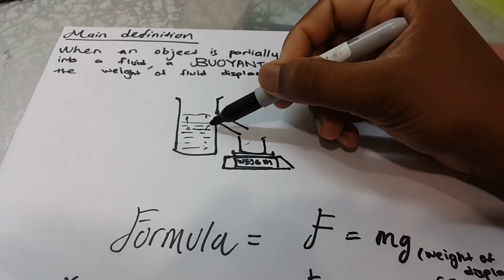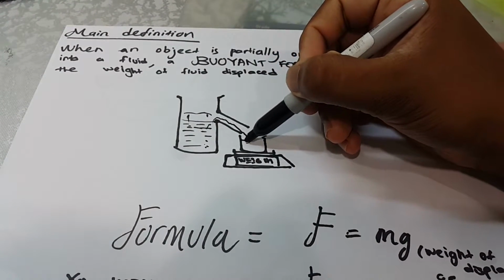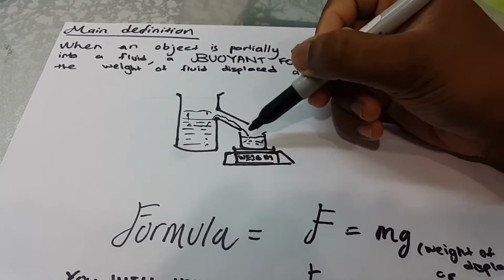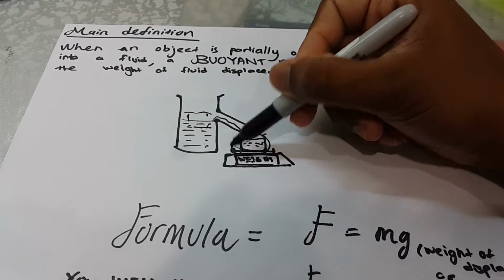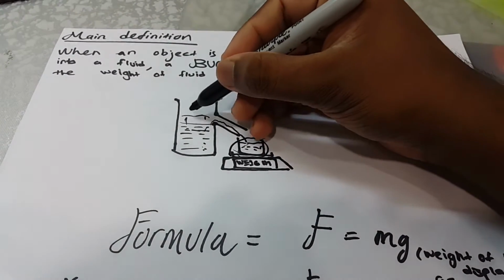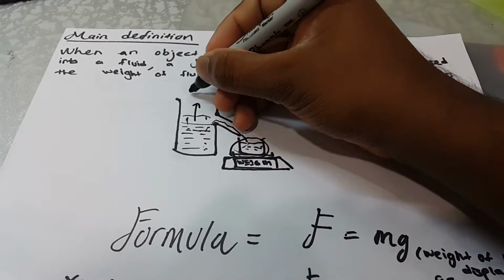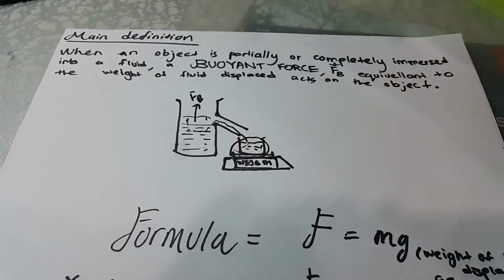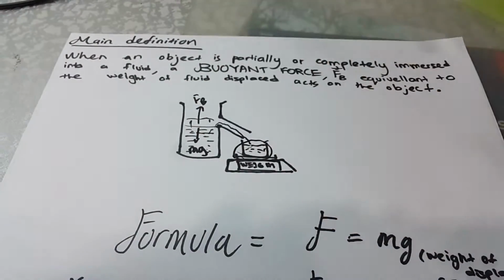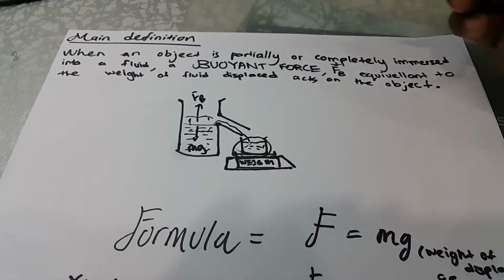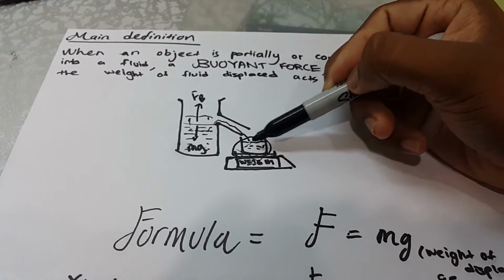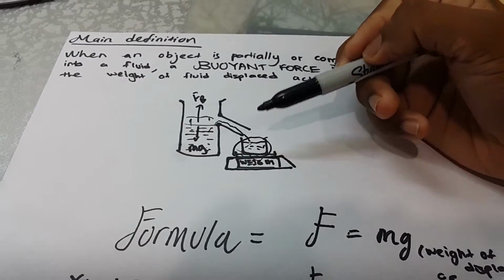So the water will go into here and fall into the beaker. Now the weight of this liquid is the buoyant force acting on the object. Buoyant force is always opposite of weight. So the buoyant force equals the weight of the amount of liquid in this beaker.